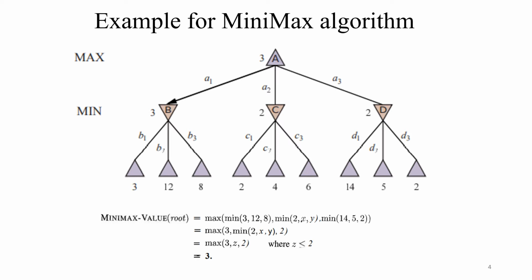That means 4 and 6 can be eliminated. In the same way, for D1, D2, D3, the minimum value is 2. No need to select D1 and D2.